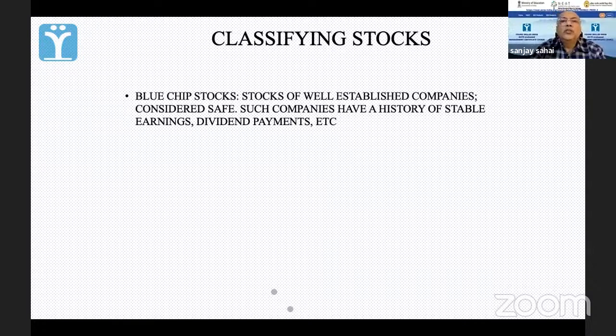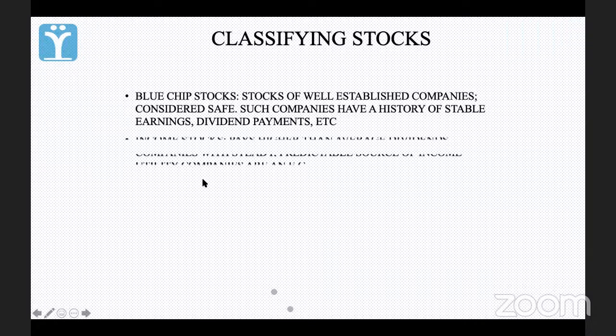It has been good to its shareholders. As a result of that, the general perception in the minds of people will be that these are good stocks to buy. Everyone clear on this? So this is known as a blue chip stock. Why the word blue? You just accept it. This is the way it was thought of. Blue is a positive category. So blue chip stocks. Everyone clear on this?